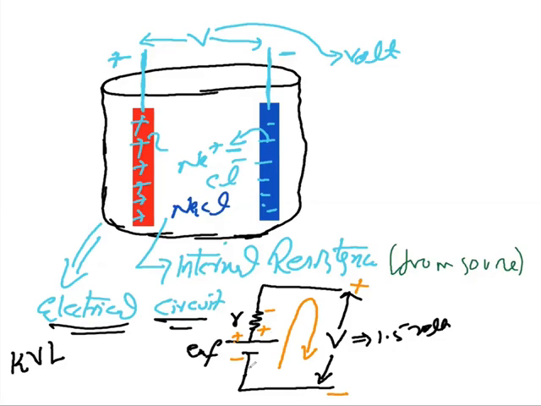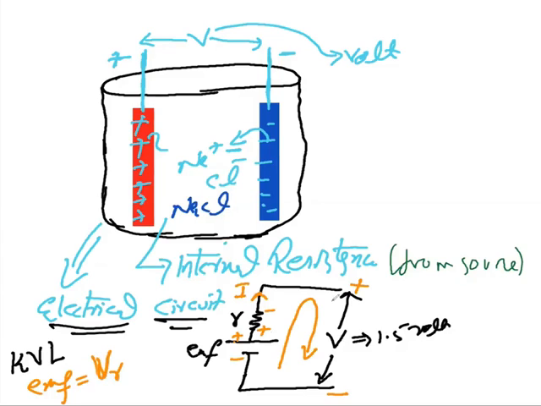If you move like this in the clockwise direction, there is a potential rise. The potential rise is EMF, and that is equal to the potential drops. Let's say the current in this circuit is I. Then the voltage across this small resistance is I r, let's say that is V small r.